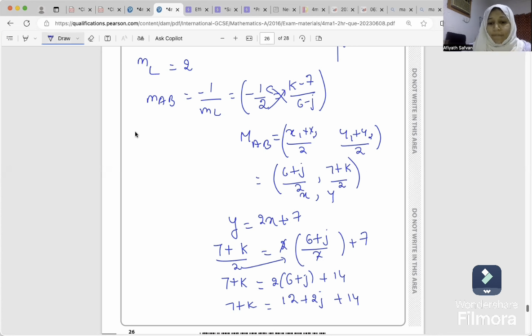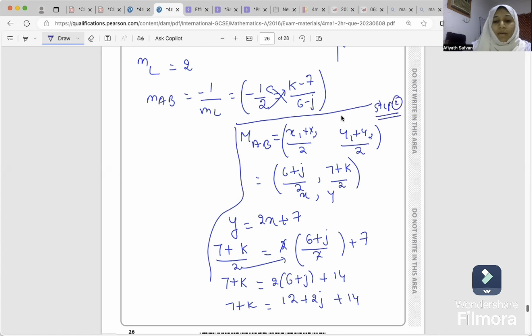So for the second equation, the steps start from here. This is step number 2. I will equate this: minus 1 times 6 minus j is equal to 2 times k minus 7, right?